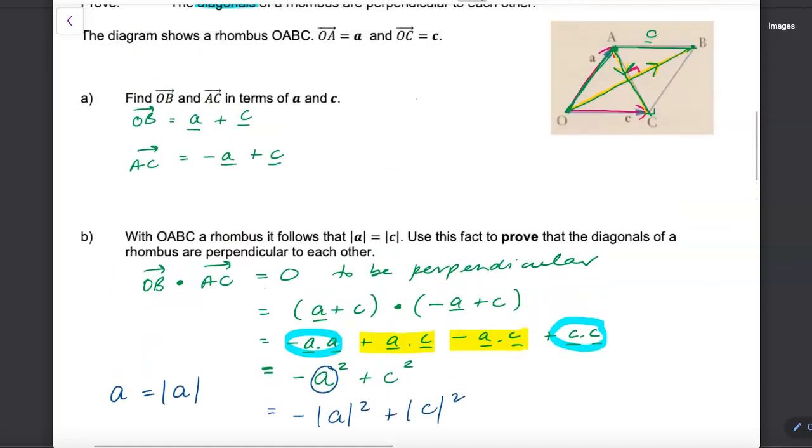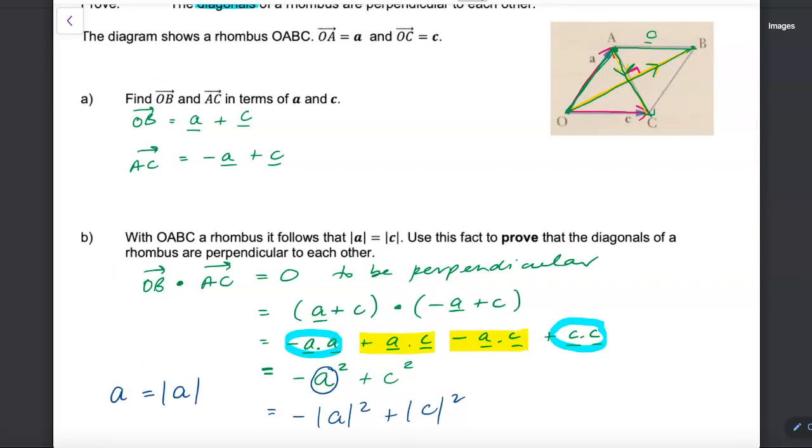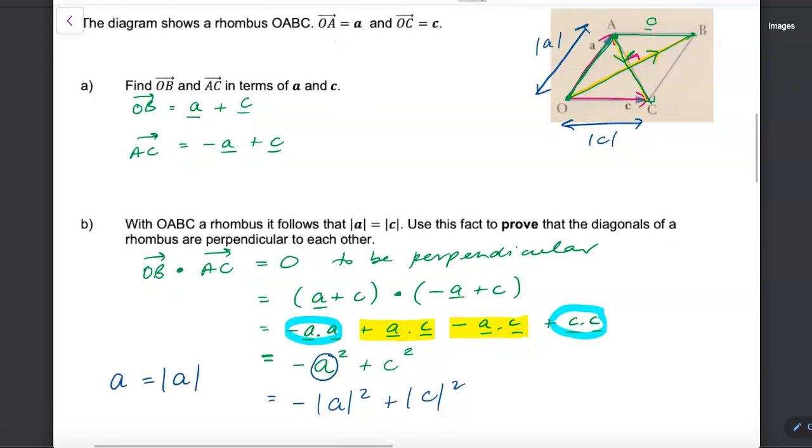What we have to realise, because we're dealing with a rhombus, is that the size of vector A is equivalent to the size of vector C, because we know for a fact that all sides of a rhombus are equal in length.